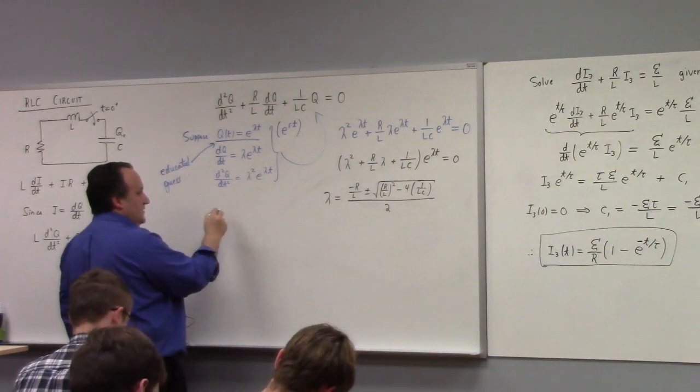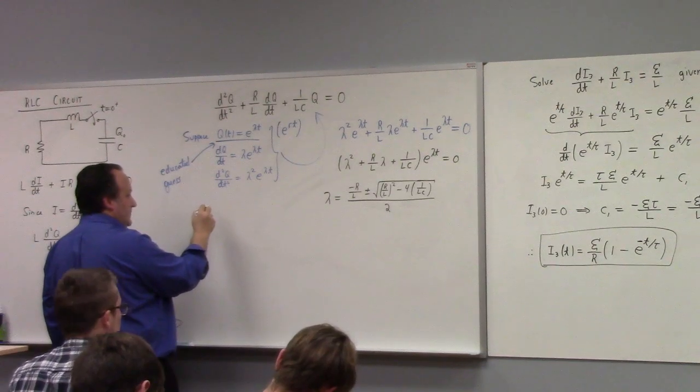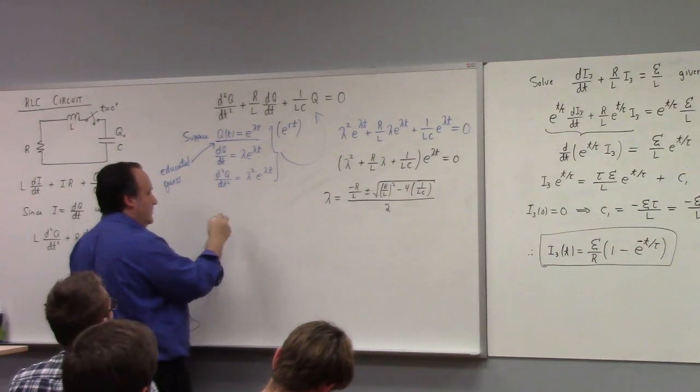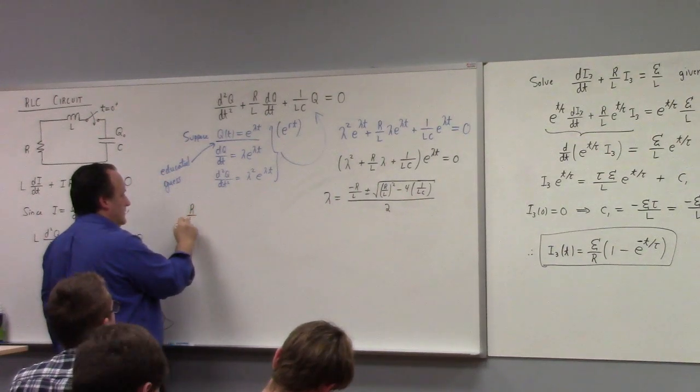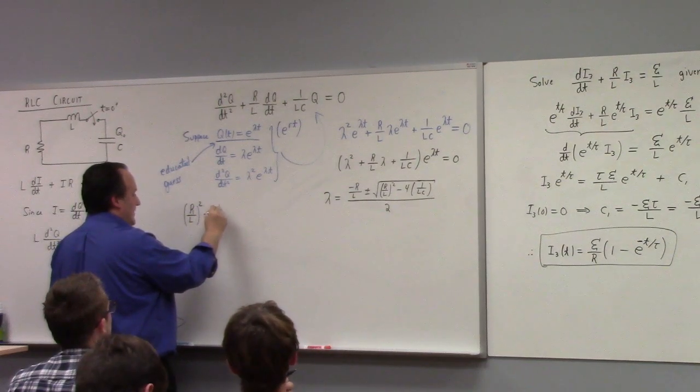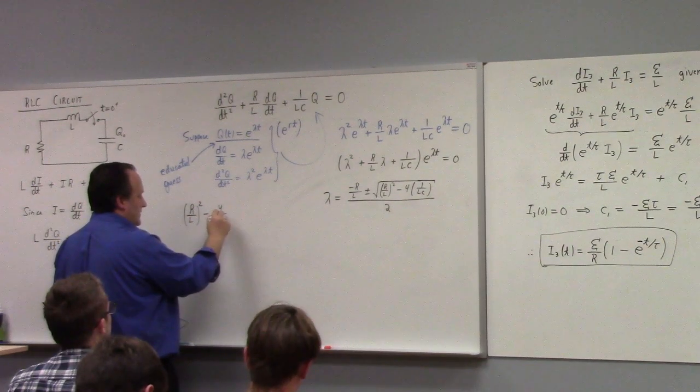Essentially, you can look at the quantity under the square root. Maybe we can clean it up. Under the square root, we have R over L squared minus 4 divided by LC. So let's see here.